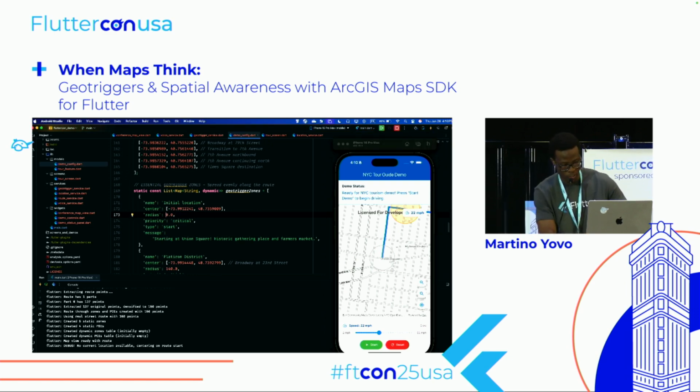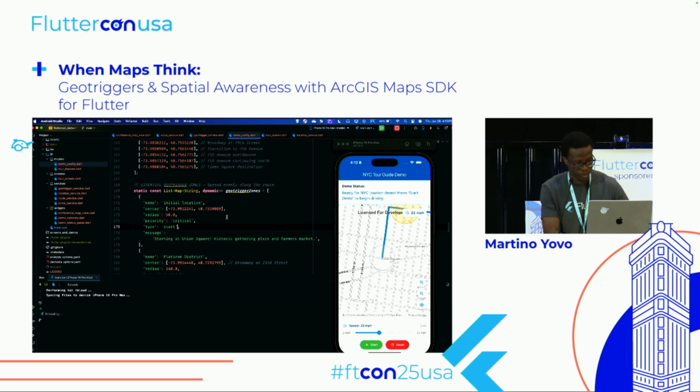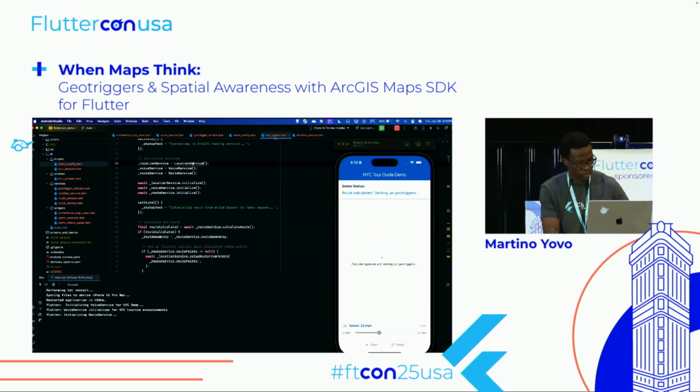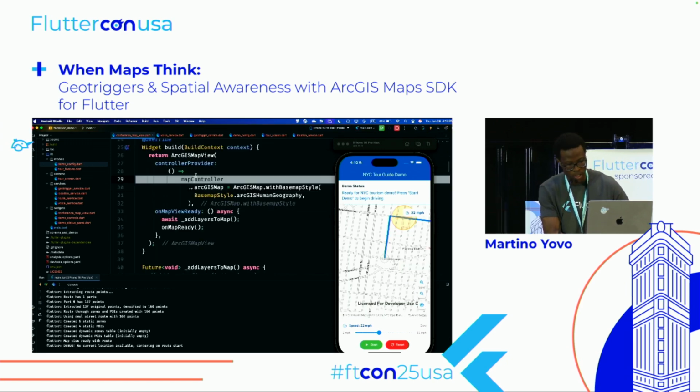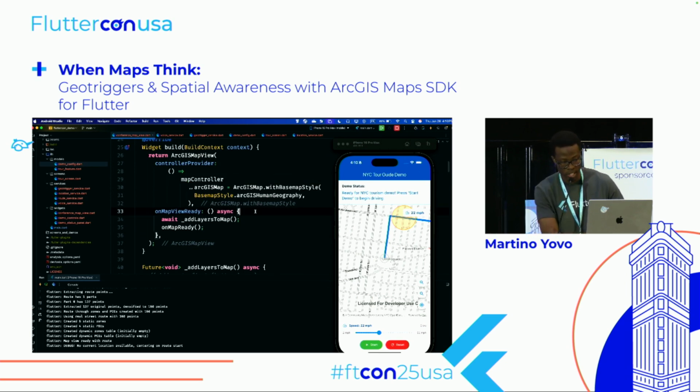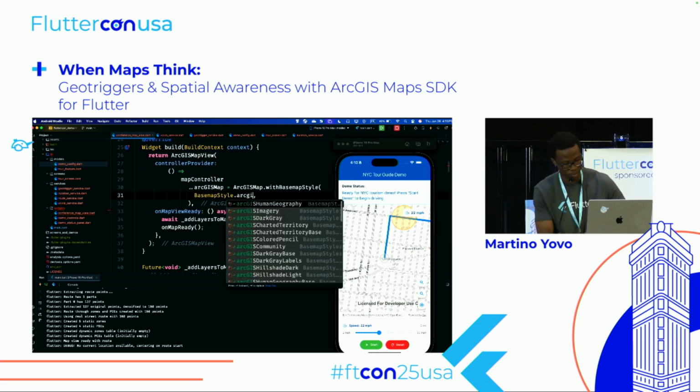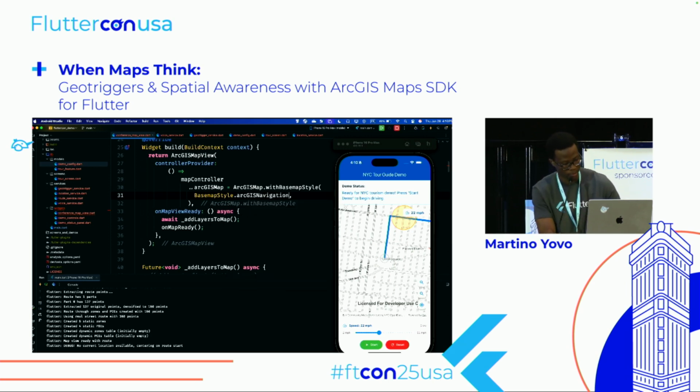I'll change it to 50. So you can see initially we have the buffer, right, the zone, which has reduced the boundaries. I'll bring back my navigation base map.